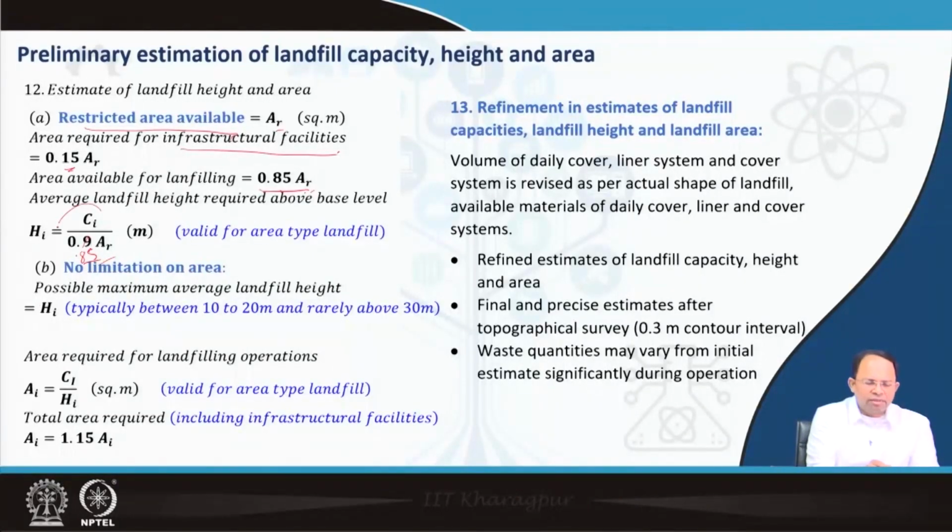This is the height that is required, because it is not only about the waste, but also some amount of cover and these things will be at the top of it. So the height would be a little bit larger. That is why it is taken as 0.9, but that depends on the actual design of the landfill site, though it would be safe to go with dividing by 0.85.